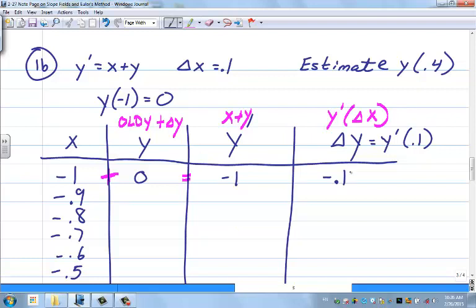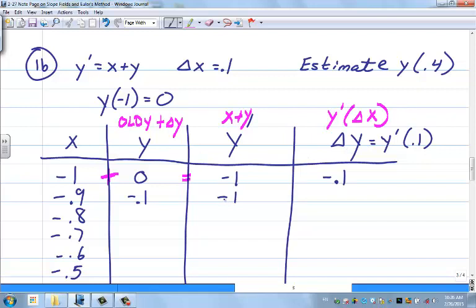So you take -0.1 plus 0, and we get -0.1. And then check it out. Y prime is equal to x plus y. So check it out. -0.9 plus -0.1 is -1. And then y prime times delta x gives you delta y.